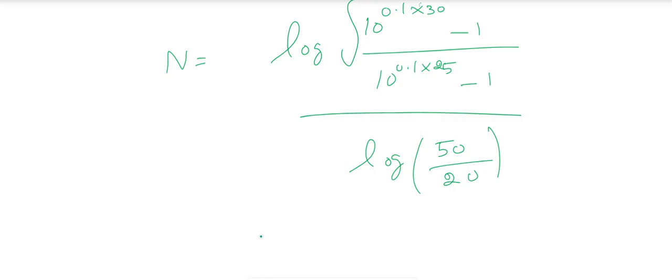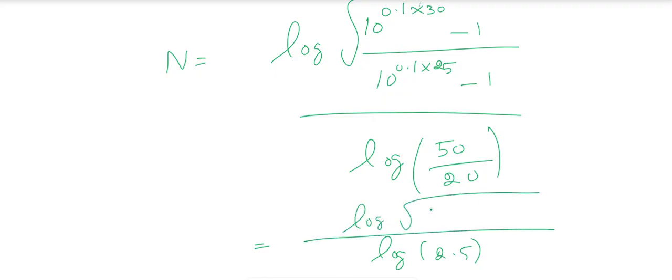So the denominator term is log of 2.5, and the numerator term is log of square root of 10 to the power 3 minus 1 divided by 10 to the power 0.25 minus 1.